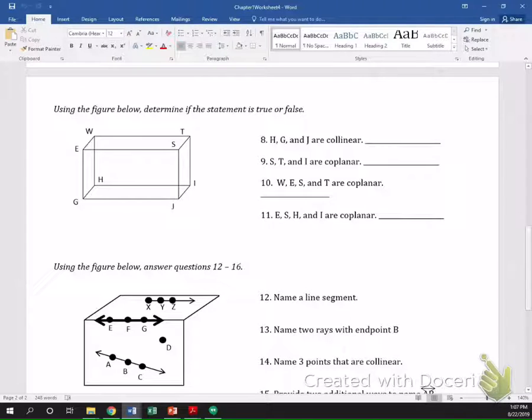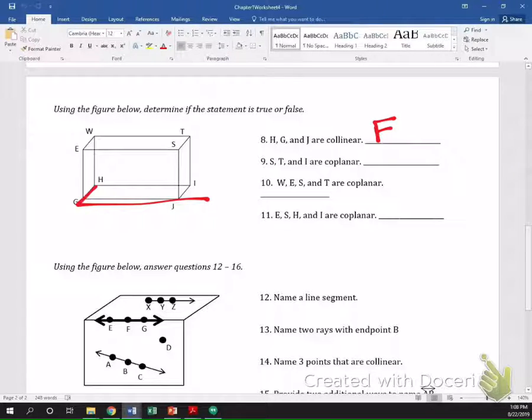Okay, this says use the figure below to determine if the statement's true or false. So H, G, J are collinear. H, G, J. Those are not, no. Okay.